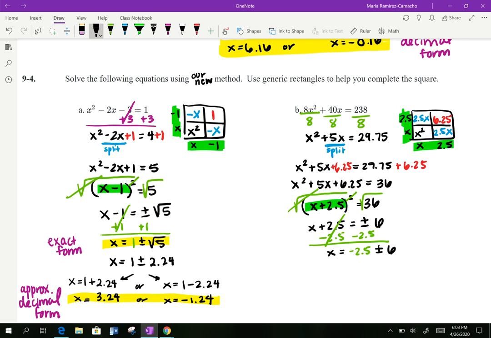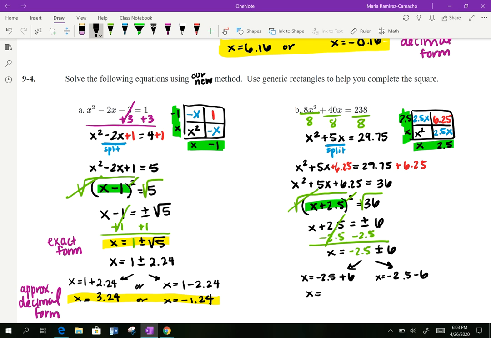Because there is no radical here, no square root, we can just keep going. Okay, this would be negative 2.5 plus 6 and negative 2.5 minus 6.